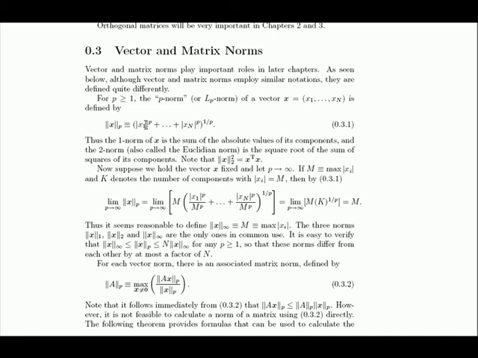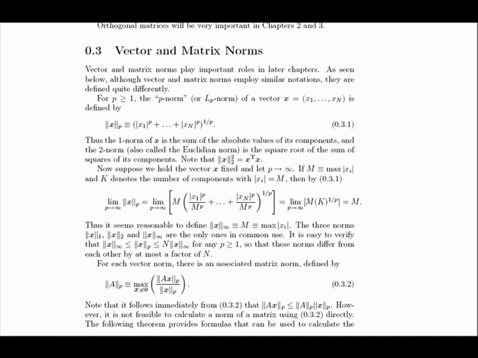Now, what about p equals infinity? Well, you can show that if p is extremely large, the Lp norm is close to being simply the largest component in absolute value. So we define the infinity norm to simply be the maximum component in absolute value. Those are the only 3 norms that we'll use here.